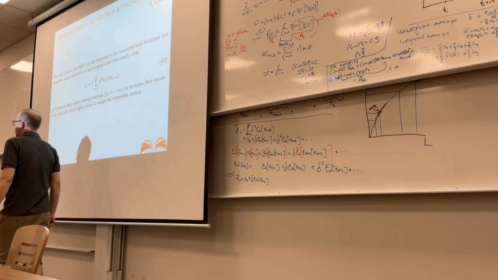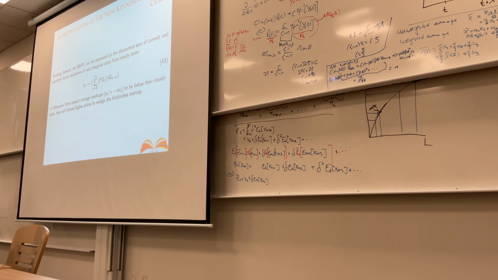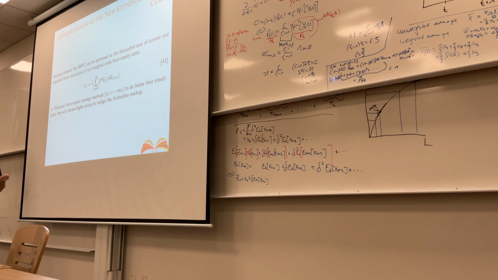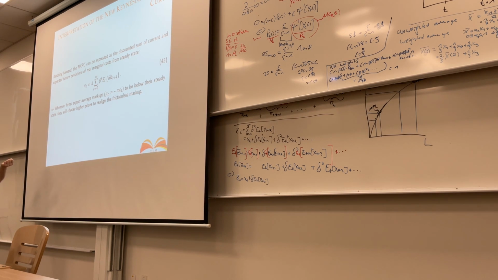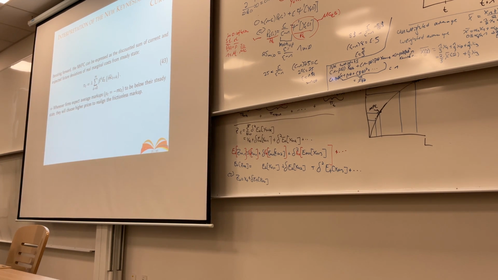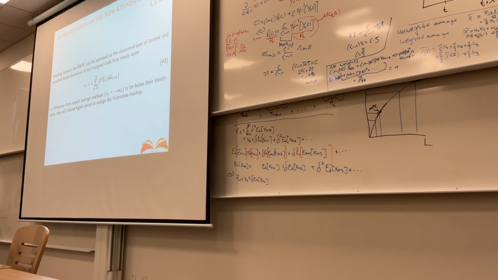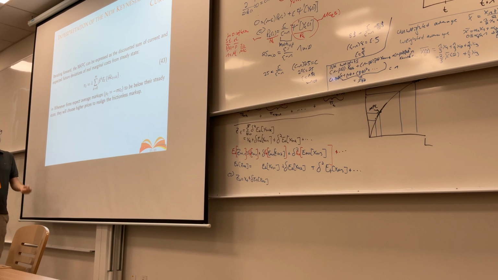So inflation is equal to the current expectation of all current and future marginal costs. Right, if you want to take the markup perspective, if firms expect markups to be below their steady state, right, their markups aren't high enough, they're not making as much profit as they should be, they're going to choose higher prices to realign to the frictionless markup.